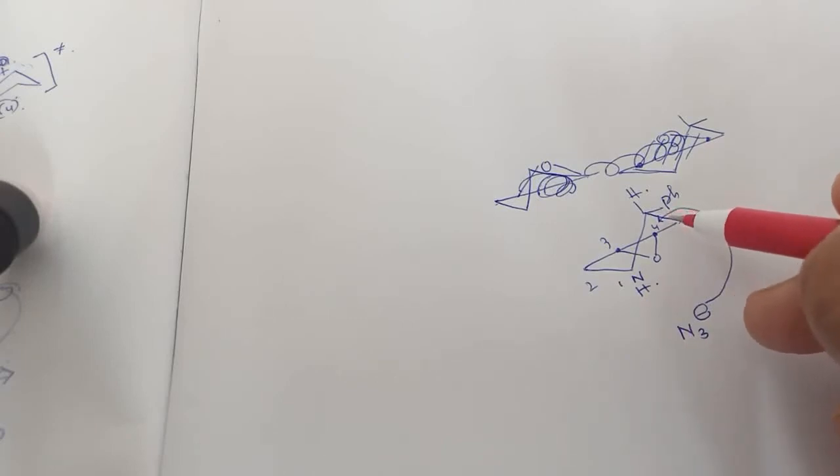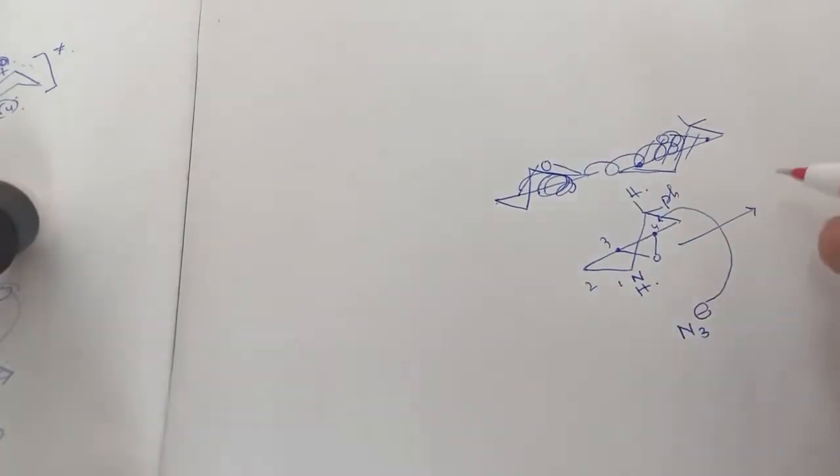So which is more feasible? If it attacks at the 4 side from the above position, then it will go through the chair-like TS. That is more stable.